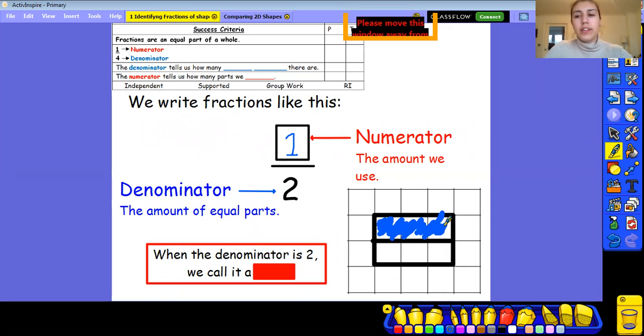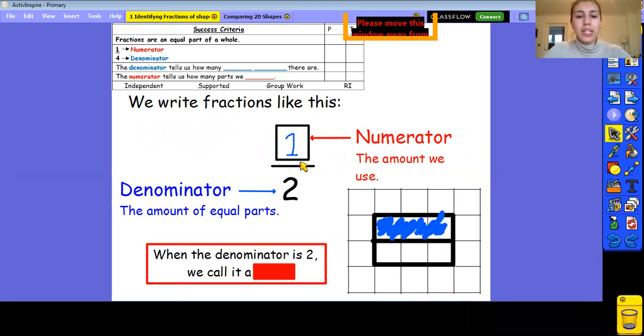So when the denominator is 2, so when this bottom number is 2, we call it a half. Half. Well done. And hopefully that language is already familiar to you from when we looked at our times tables and we looked at doubling and halving. Remember, when we halve, we split something into 2 equal groups.